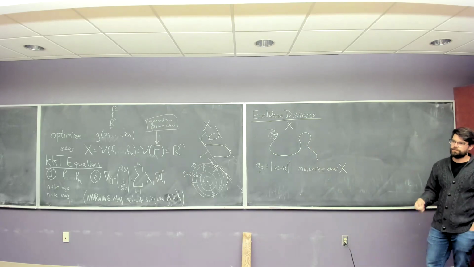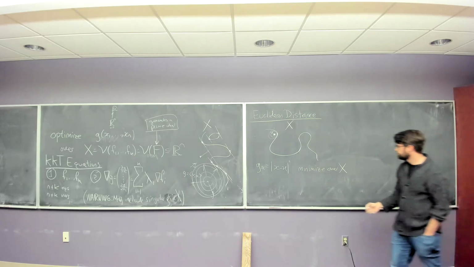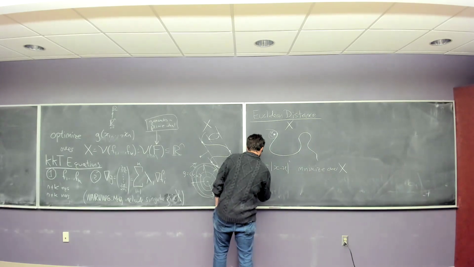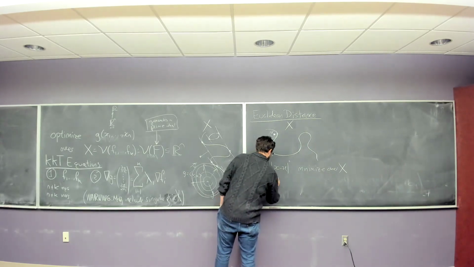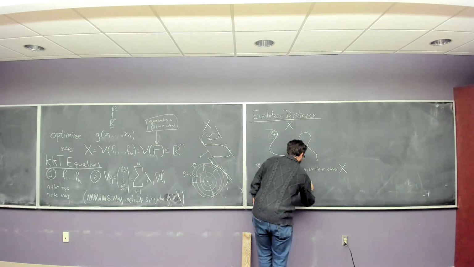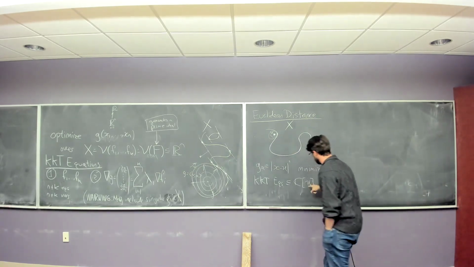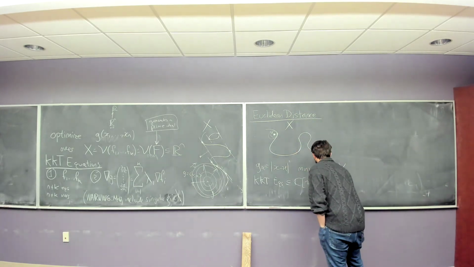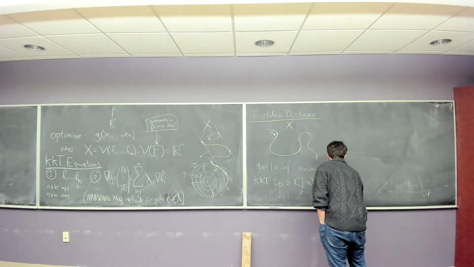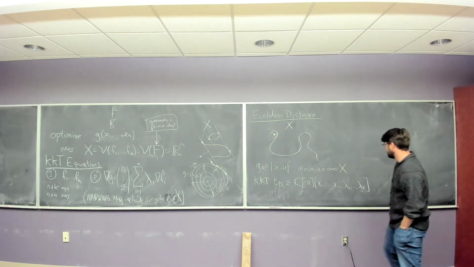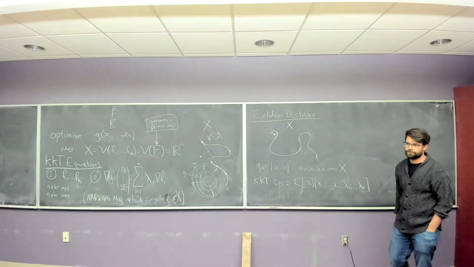Okay. And how do you do it? Well, you find all the critical points of the KKT equations. They depend on the point u as your parameter. So as you move u around, you'll have different critical points, your x's and your lambdas. And of course, you don't really care, right?